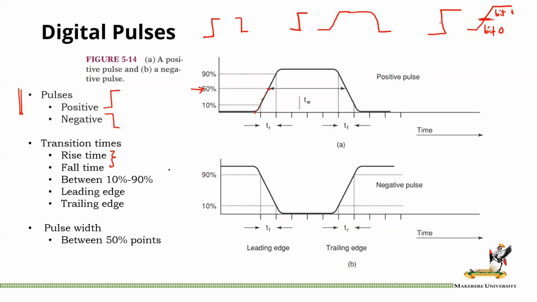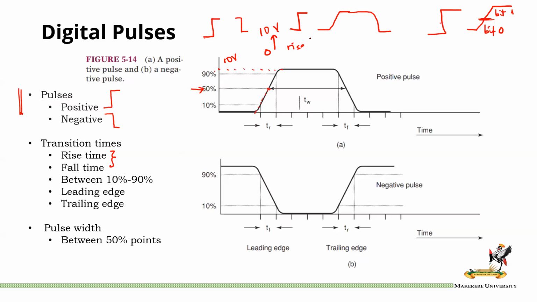Now, another thing, the rise time is the time between when the signal is at 10% and 90% of the maximum voltage. So say this point is 10 volts. The signal will have started from 0 volts and increases towards 10 volts.